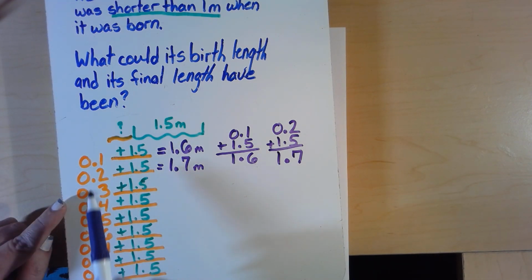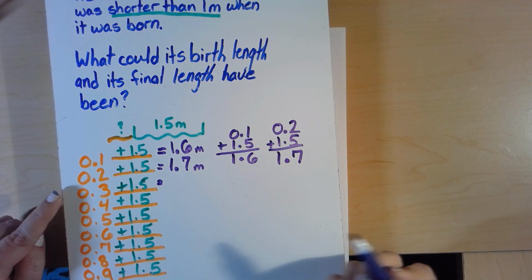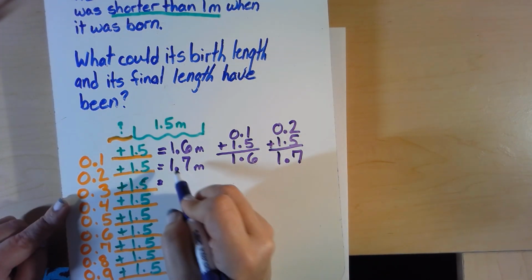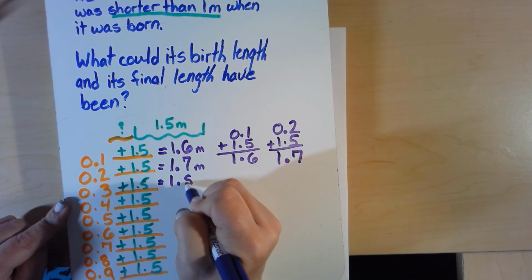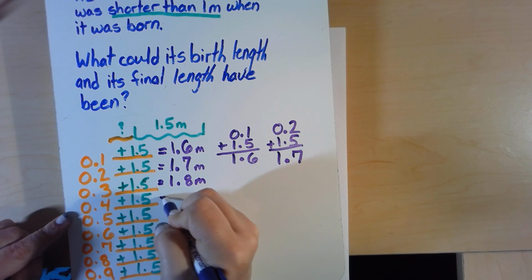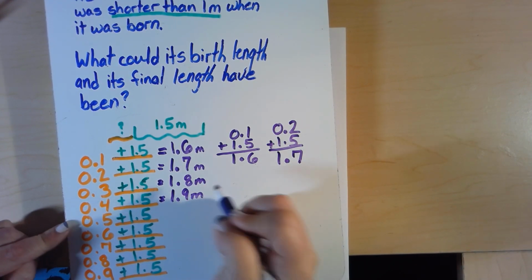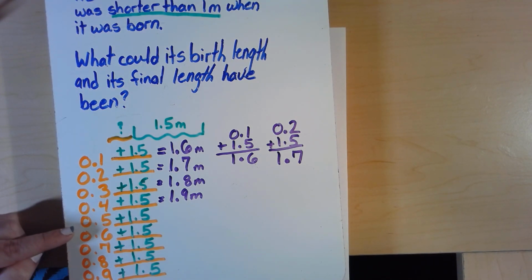Each time I'm adding 1/10, so our answer is going to add 1/10 each time. So we have 1 and 6/10, 1 and 7/10, 1 and 8/10, 1 and 9/10.